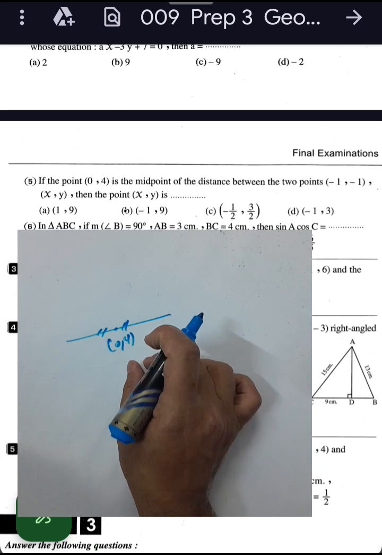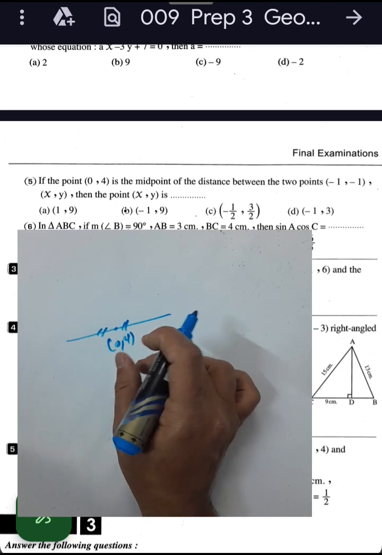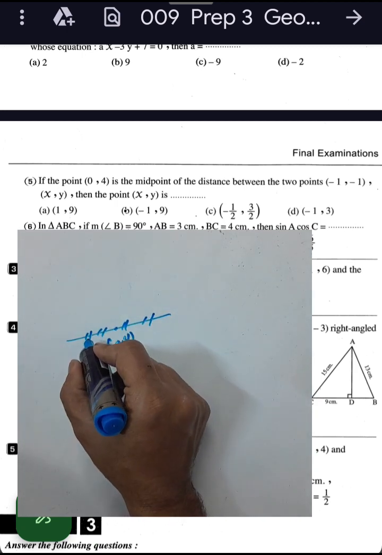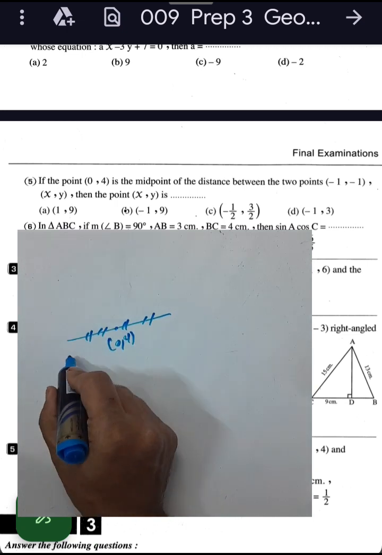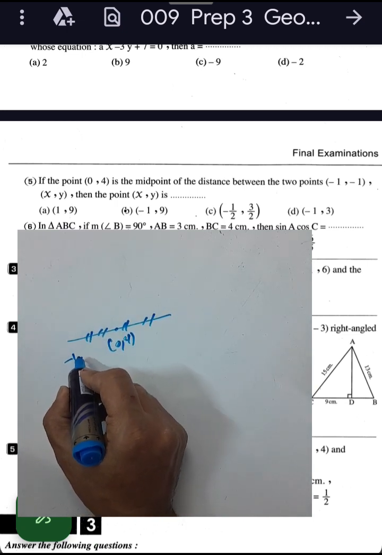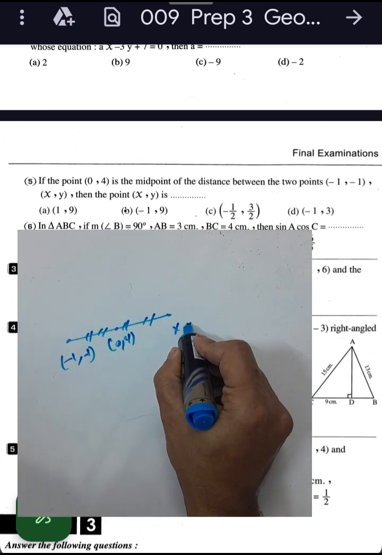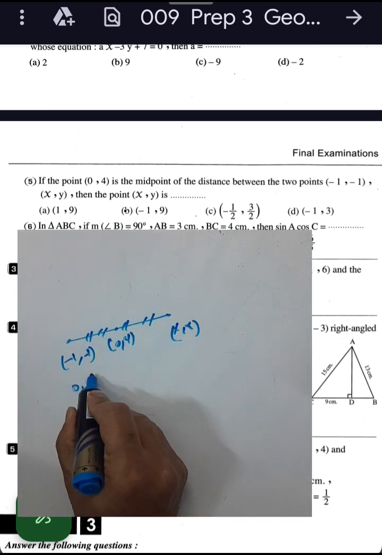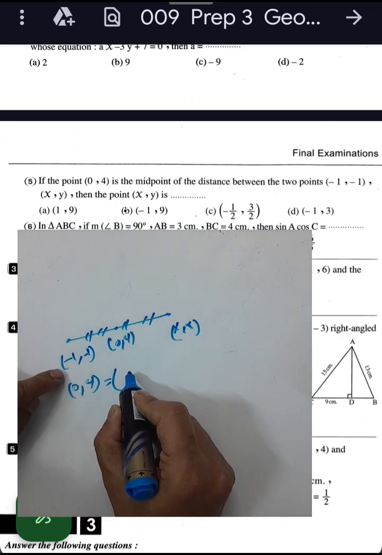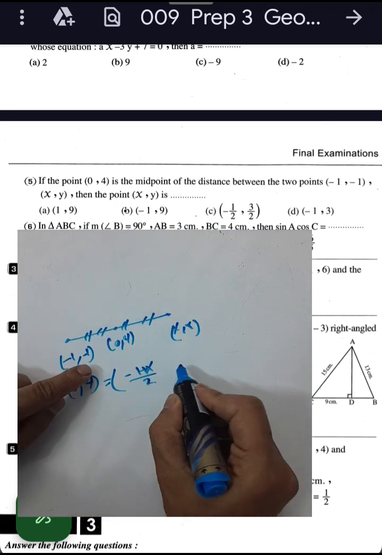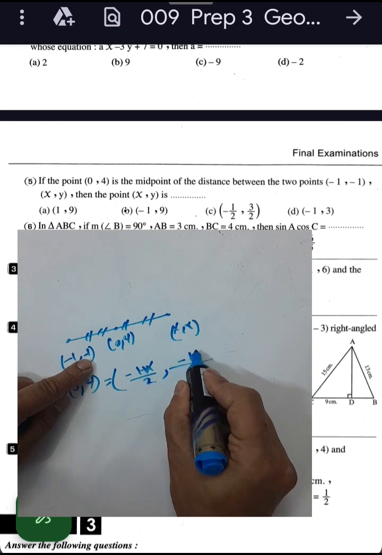Question number 5. If the point (0, 4) is the midpoint of the distance between 2 points, (-1, -1) is the first point, and the second point is (x, y). We can write (0, 4) equals ((-1 + x)/2, (-1 + y)/2).